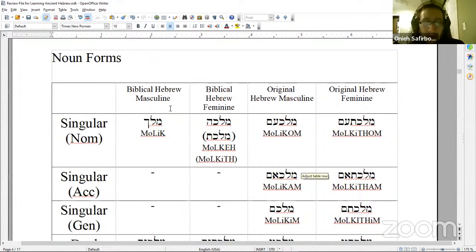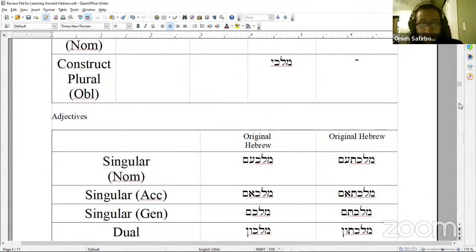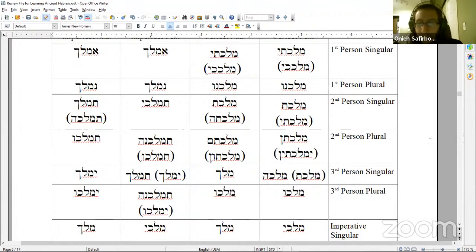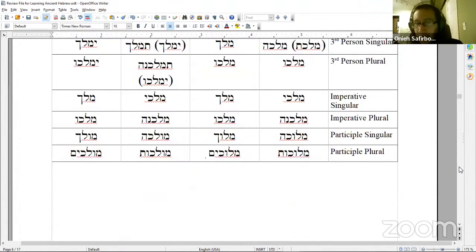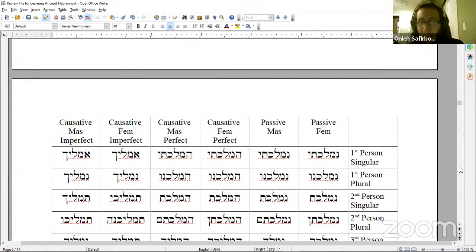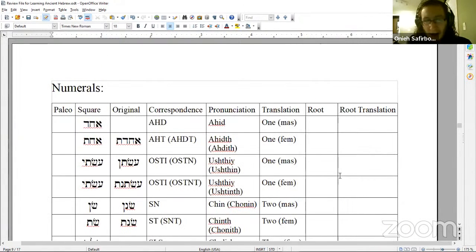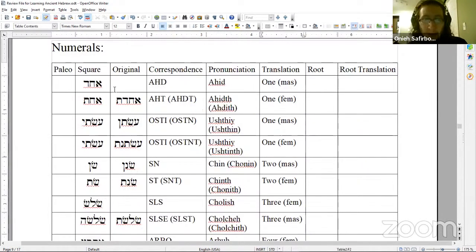All right, these are noun forms, so I'll skip that. And verb forms, skipping that for now. All right, so numerals. Ahid, it's one, masculine form.